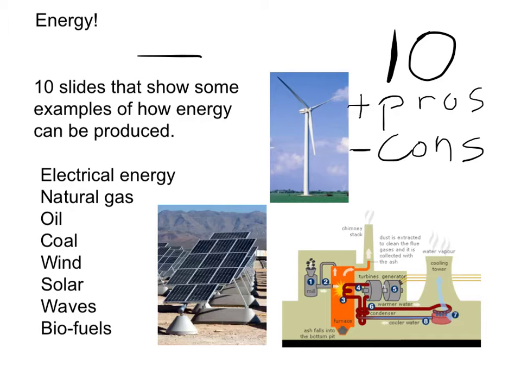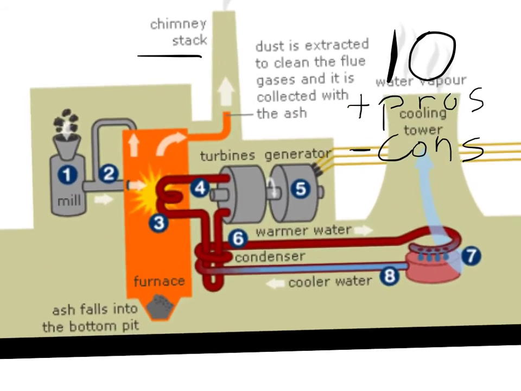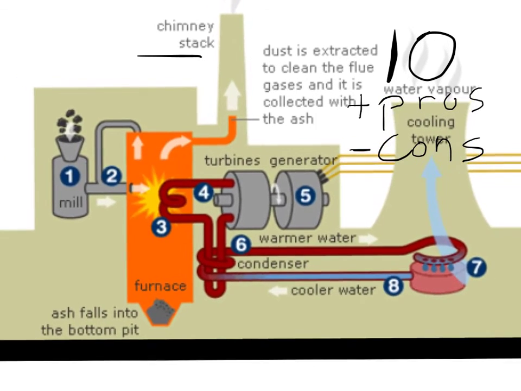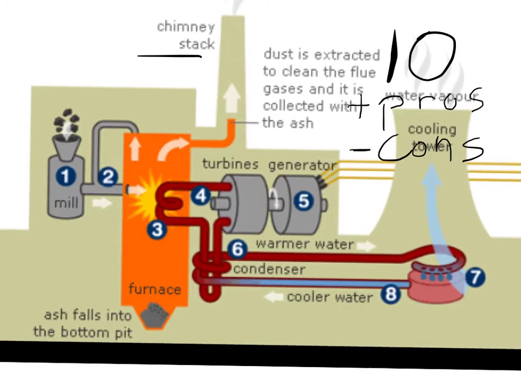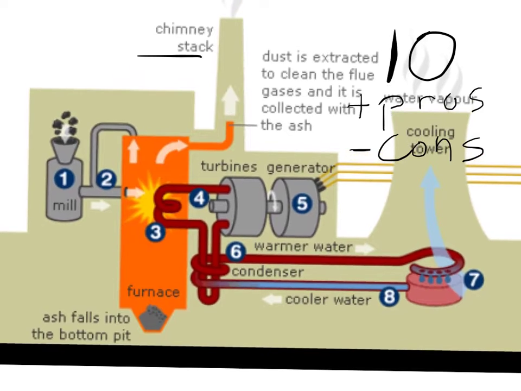I want you to give me some examples. For example, we can blow up this model of this coal plant here. Describe a little bit how this works. There are some terms here we can look at. We can look at the cooling tower. What does that do?